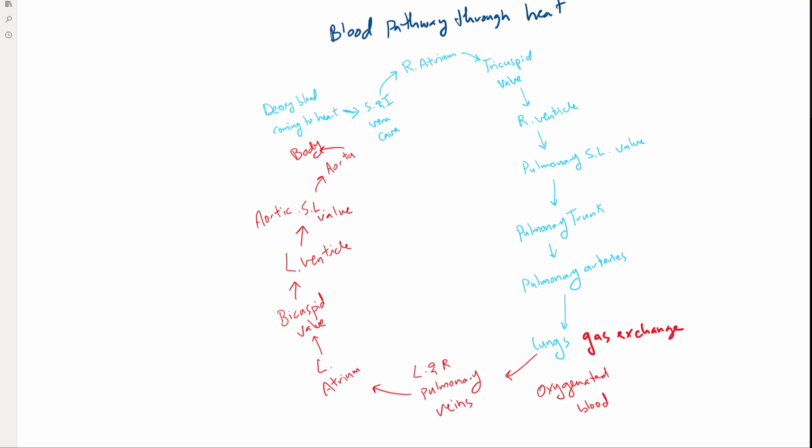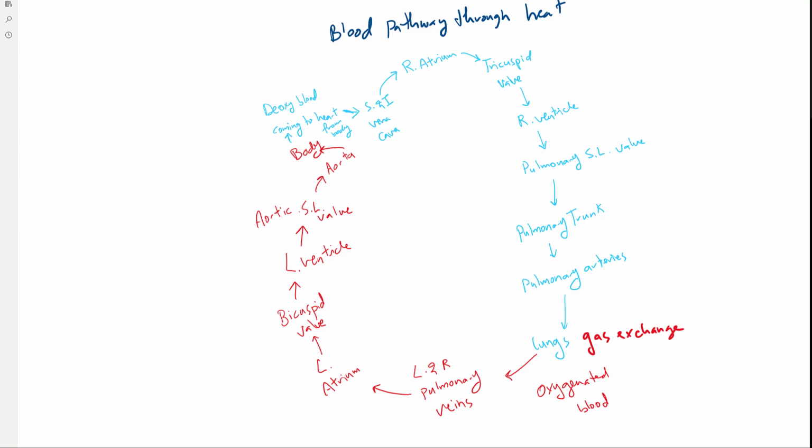And from the body again, the deoxygenated blood will come back to the heart. So this is the blood pathway through the heart. You need to be able to complete this circle regardless of where you start.